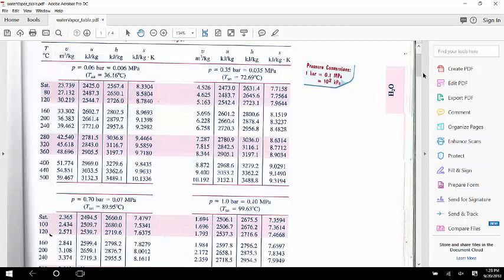We need a way to approximate pressures in between the pressures that are given and to approximate temperatures in between the temperatures that are given. They're not linear, but that is how we're going to do it. We're going to do a linear approximation.